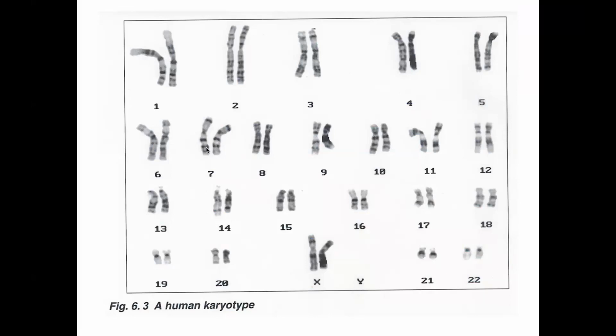So therefore, within each of these paired sets of chromosomes, 1 copy is contributed through the maternal parent, or the mother, and 1 copy is contributed through the paternal parent, or the father.